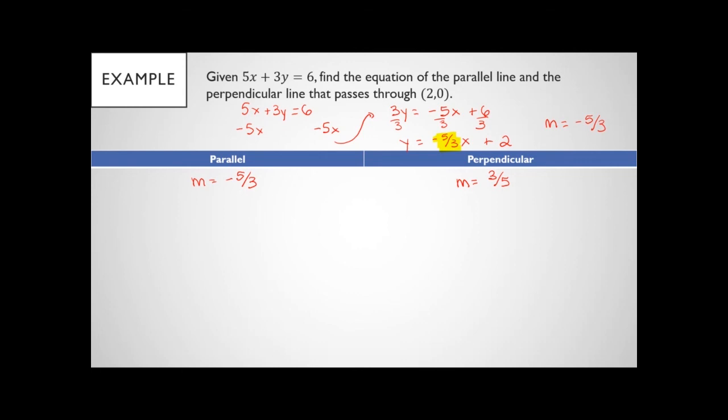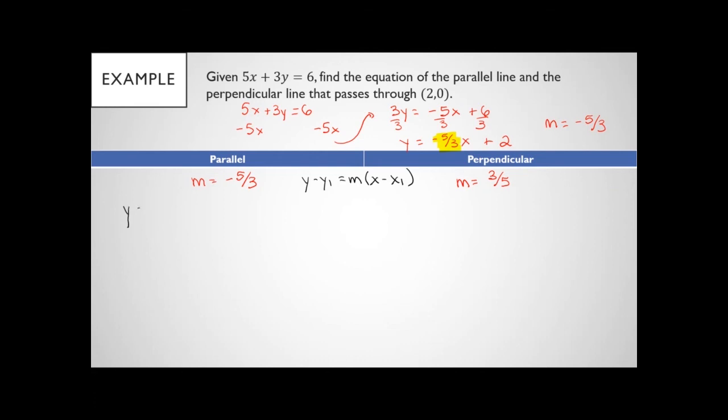So once you've determined that, then you just need to use your point slope form, which is y minus y1 equals m times x minus x1. So this is actually going to be easy for us because the point they're giving us has a y1 value of 0. So it's going to make our life a lot easier.